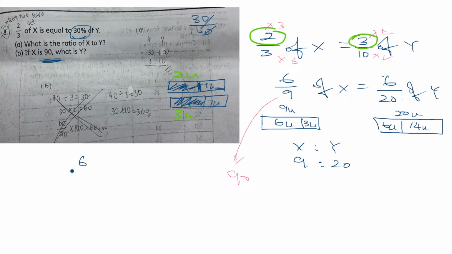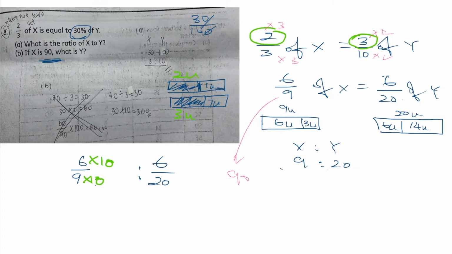So you have 6/9. How to become 90? We times 10 here. So times 10 here also. But for y it is 6/20.